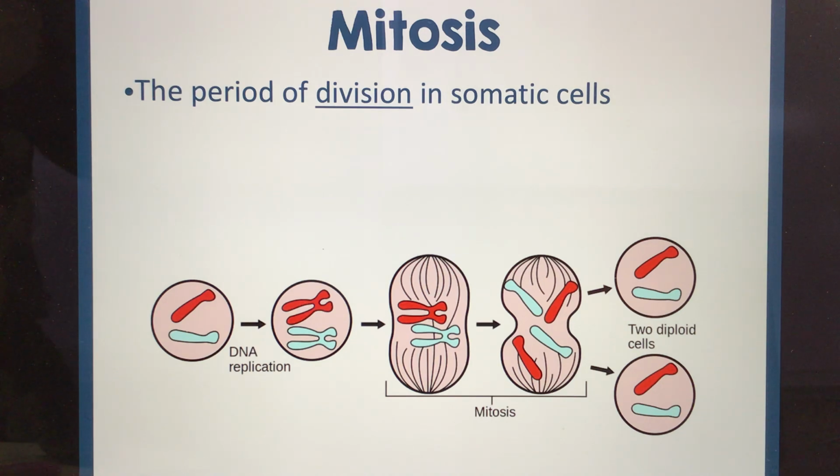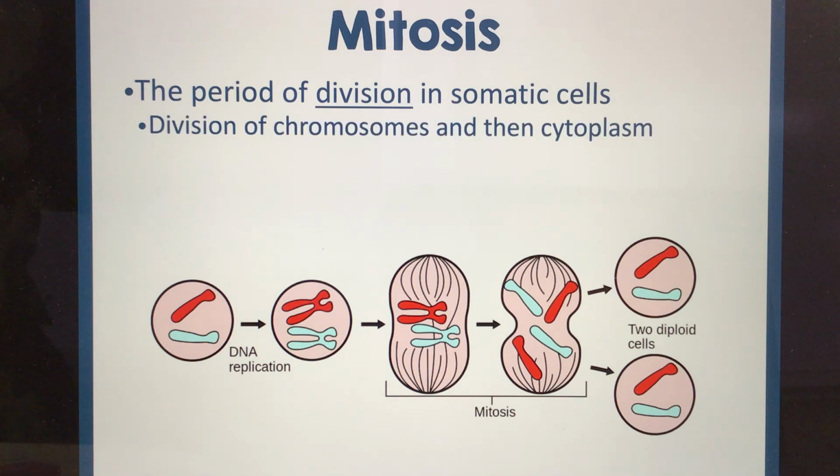Somatic cells is a big term for all cells with the exception of sperm cells or egg cells, so anything sexually related. Our body is made of somatic cells. Anything dealing with reproduction, that's not what it's talking about here.